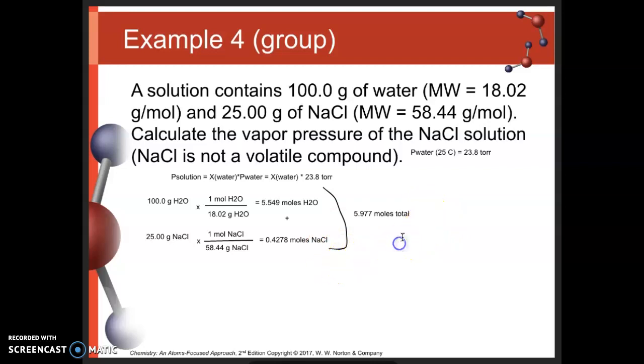Which means that our mole fraction of water is equal to the number of moles of water, 5.549 moles, divided by 5.977 moles total.